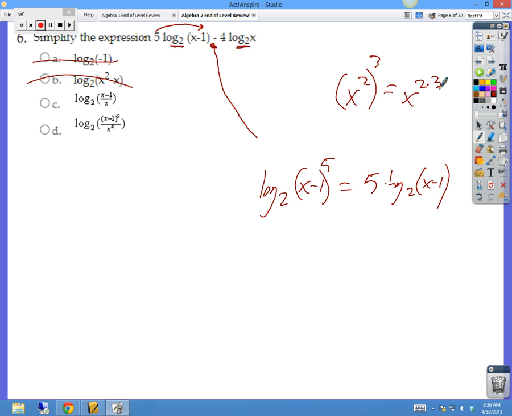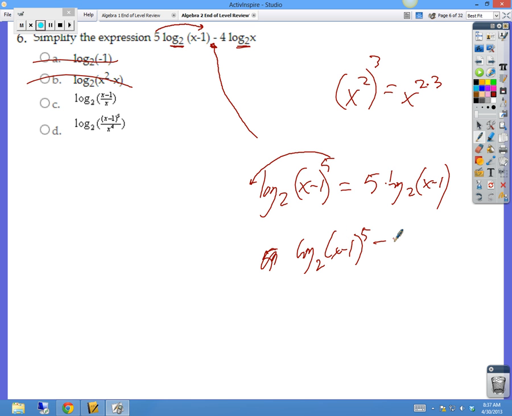And when you're taking log of a power, you multiply that exponent. So you bring that exponent out to the front, and then you multiply it. So it's 5 times. Okay, now, so I've got log base 2 of x minus 1 to the 5th.